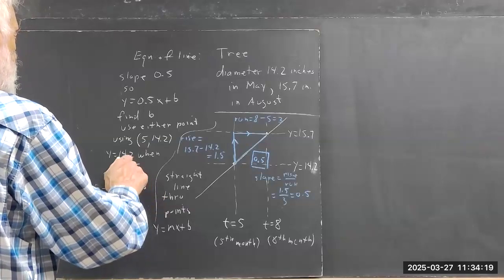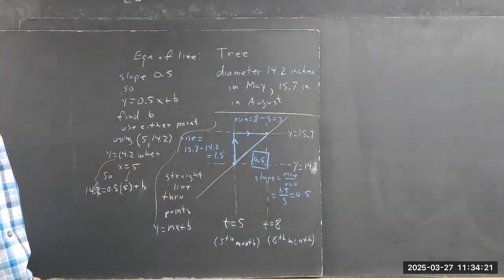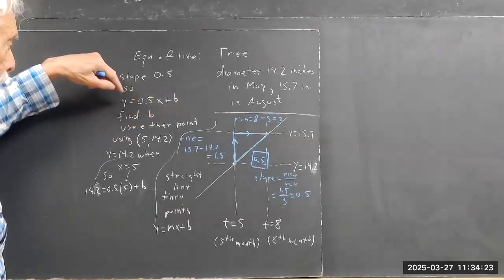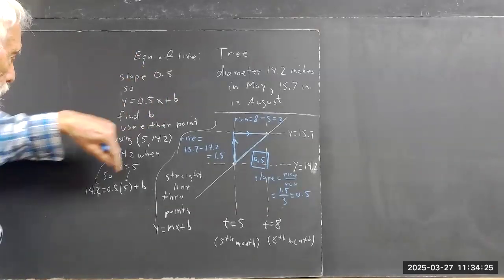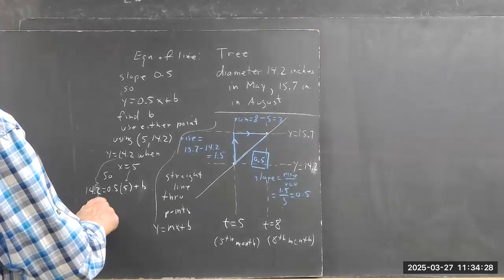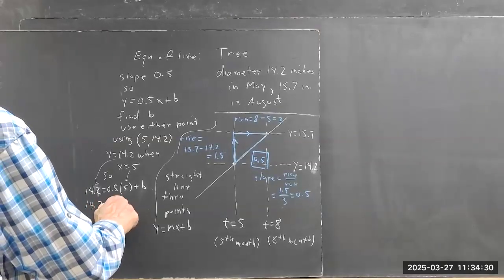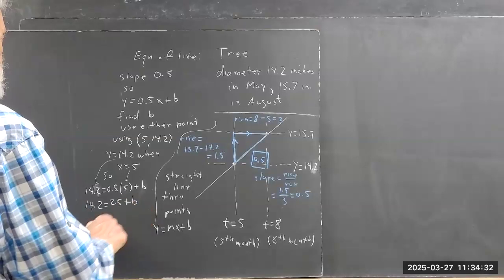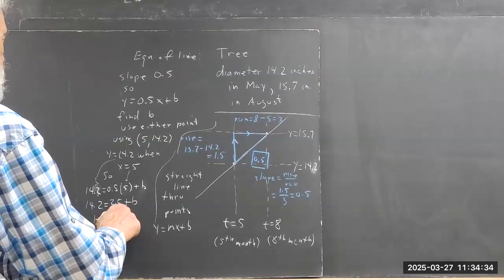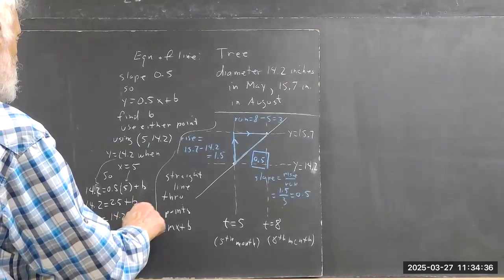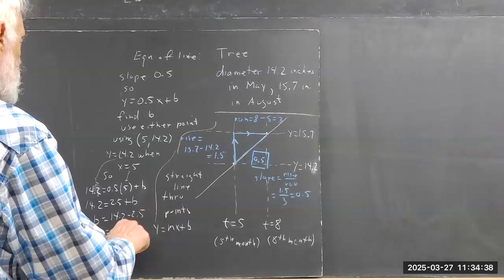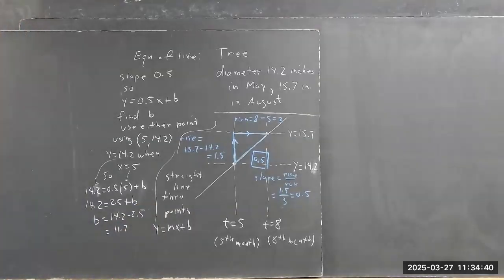In other words, x equals 5 goes there, y equals 14.2 goes there, because there's the equation. This is where y is, this is where x is. We get 14.2 equals 2.5 plus b. So b equals 14.2 minus 2.5 equals 11.7. If I did my arithmetic right, which is always questionable, I think that's right. Okay.